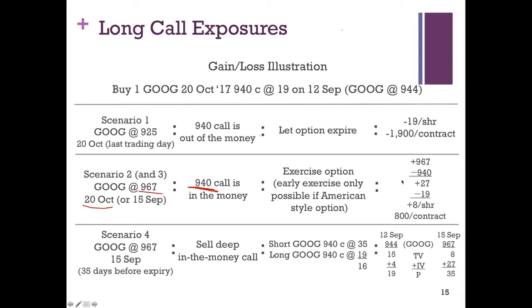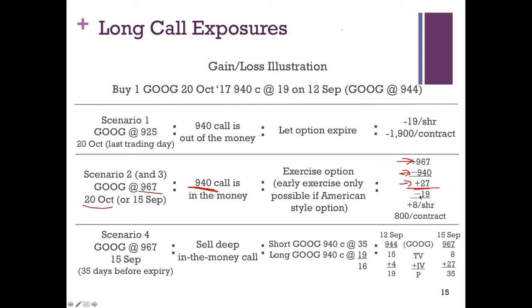And consequently, rather than let it expire, the owner would exercise the right to buy at 940. They're acquiring for 940 stock the market says is worth 967. Thus, they just bought the stock for $27 less than the market says it's worth.